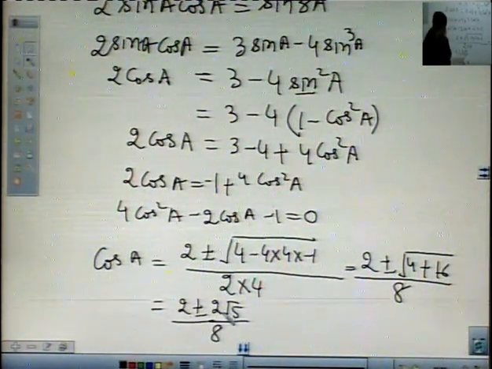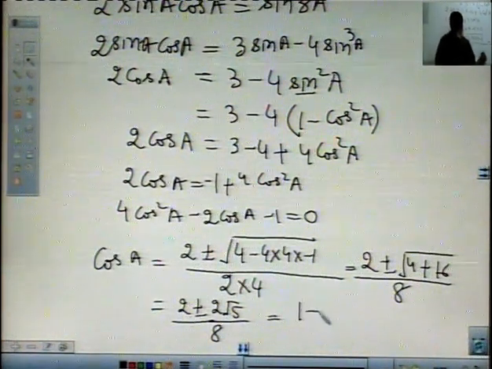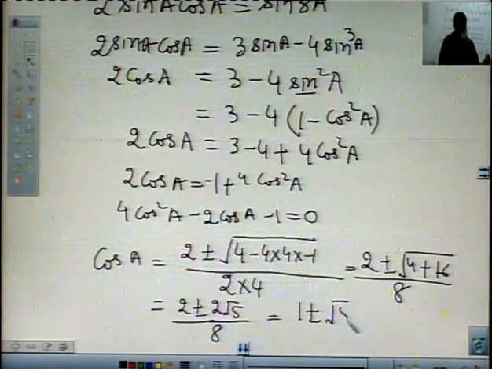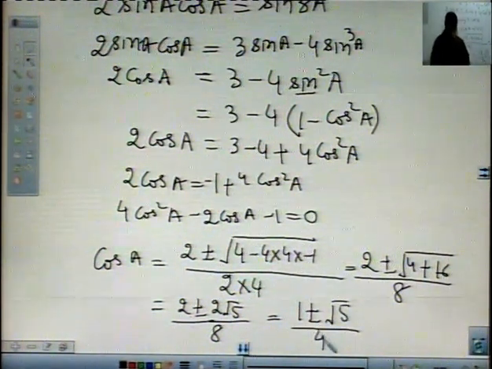By taking 2 common, we get 1 plus minus under root 5 upon 4.